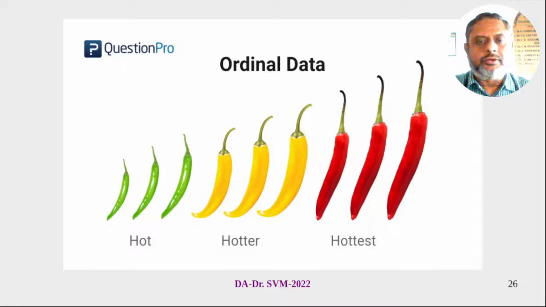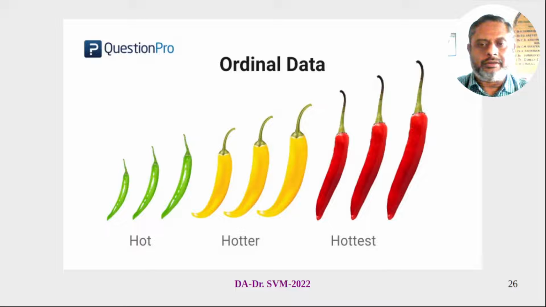When it comes to ordinal data, then you are still talking about quality. So the example shown here is hot, hotter, hottest. It just gives an idea of what you are trying to say. Hot means a little chilly, hotter is a little heavier, hottest means just intolerable and all that.